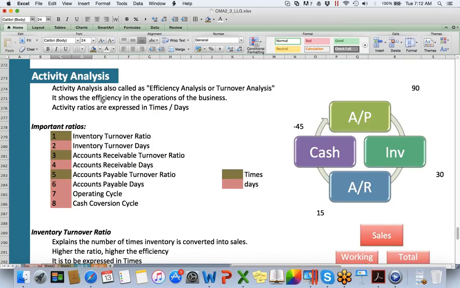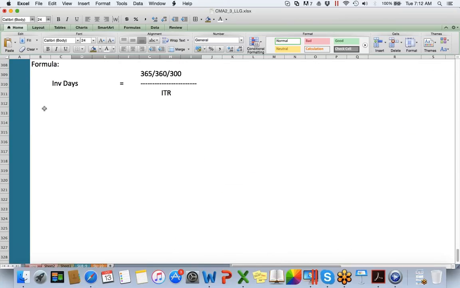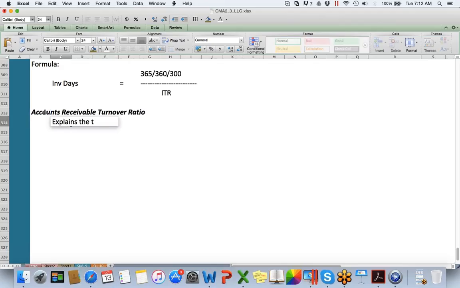Then the next ratio is accounts receivable turnover ratio. Accounts receivable turnover ratio tells you how many days the accounts receivable is converted into cash. It explains the number of times credit sales took place in a year.